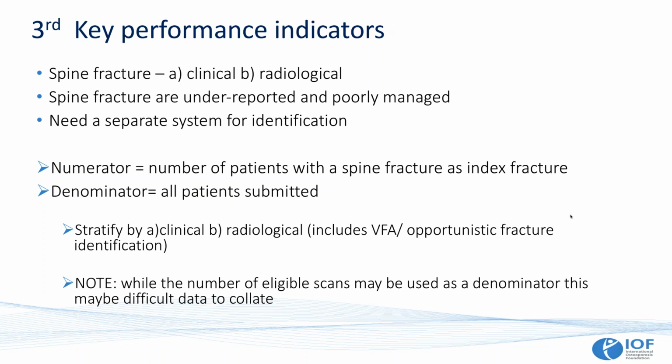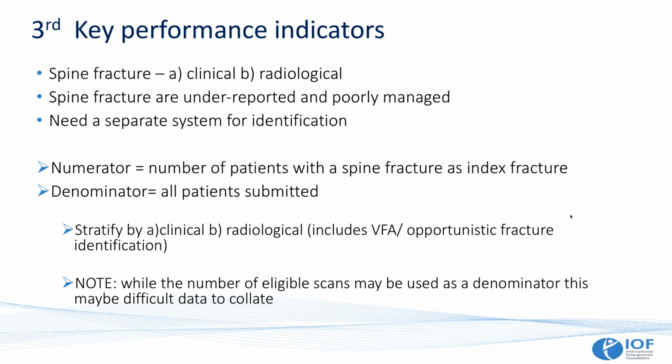Just a note, it's very tempting to change the denominator to the number of eligible scans, as you could argue that if one center doesn't do much spinal imaging, then that might affect how many spine fracture patients they can find, which is an important and valid point.